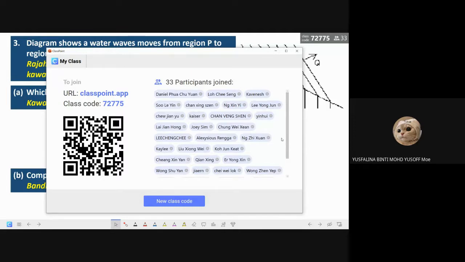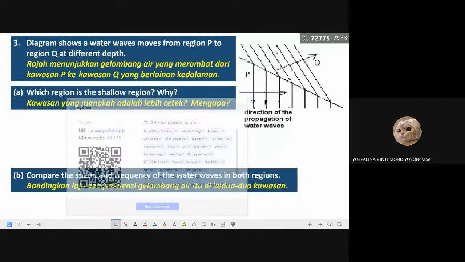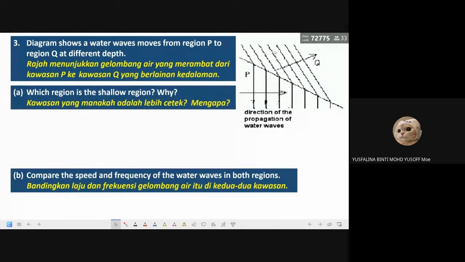Okay, so I will start the class first. Before the school holiday, we already learned about refraction of wave. For the refraction of wave, you already know that before and after the refraction, the frequency of the wave will not change.